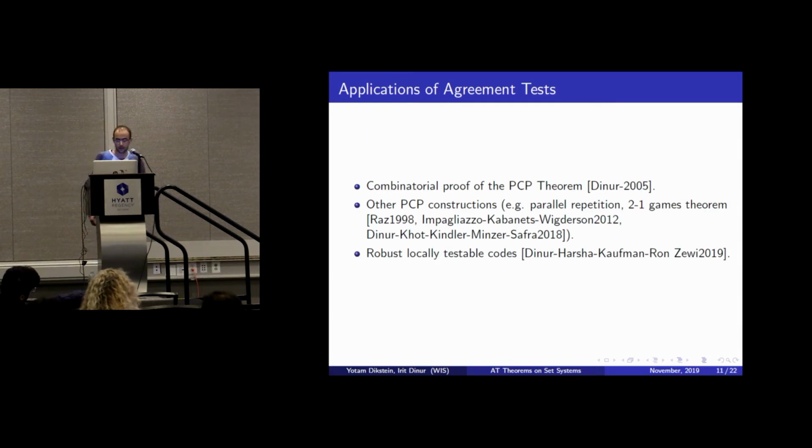So in fact, a very similar reduction was used in the combinatorial proof of the PCP theorem. And agreement tests are also seen in other PCP constructions, such as the parallel repetition, or with another soundness guarantee, the 2-to-1 games. And they also have other applications, such as finding robust locally testable codes, and more and more.